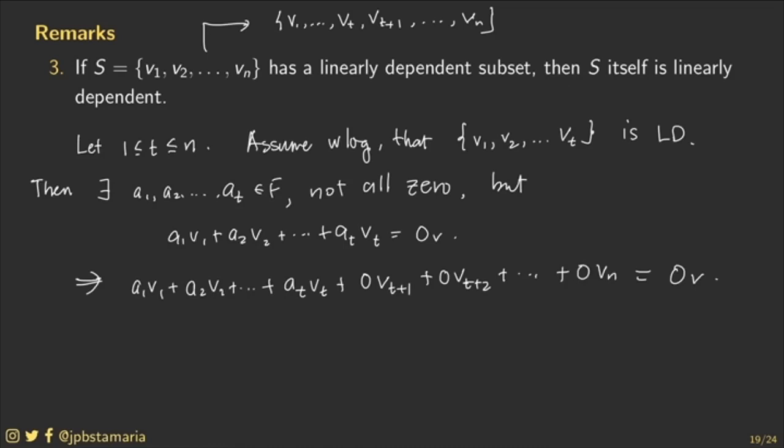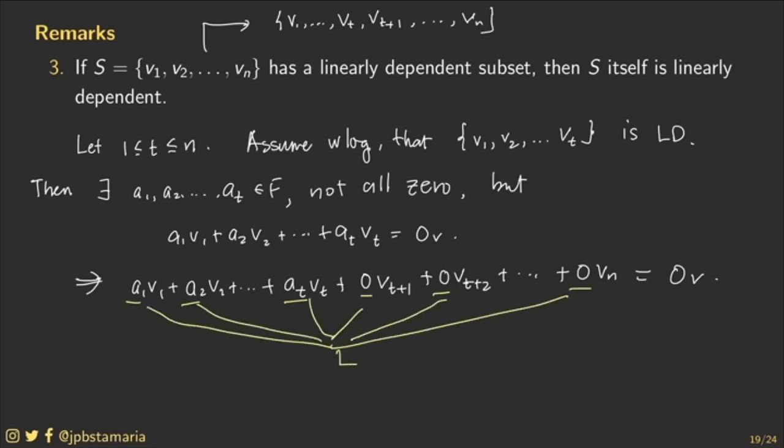As you can tell, even though I put zeros there, these scalars are still not all zeros, because not all of A1 up to At are zeros, right?